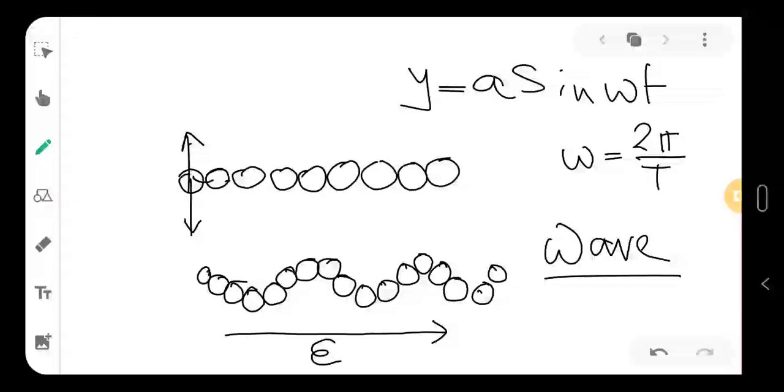With this formula we can find out where the first particle will be whenever the time is given to you. Similarly, we will proceed with the same approach for waves also. Now let's start about the wave.